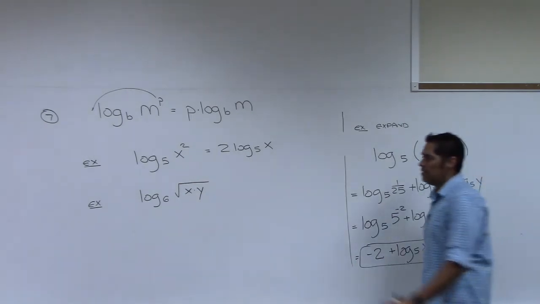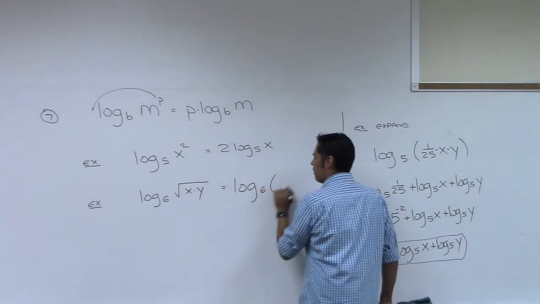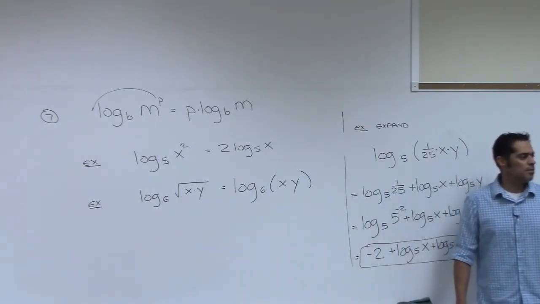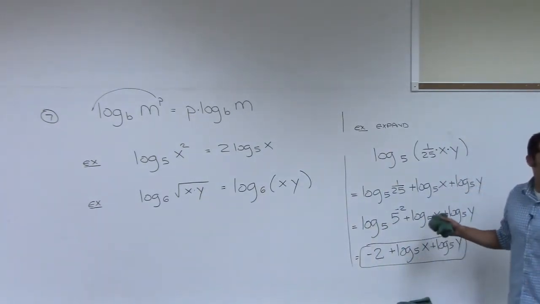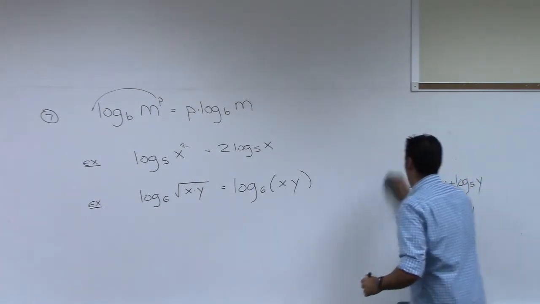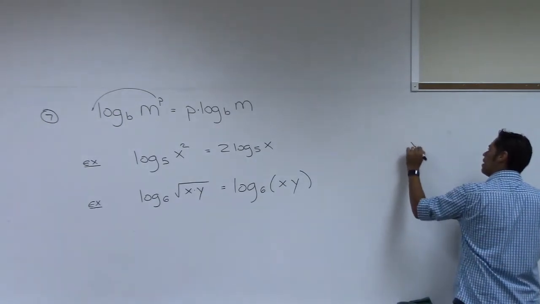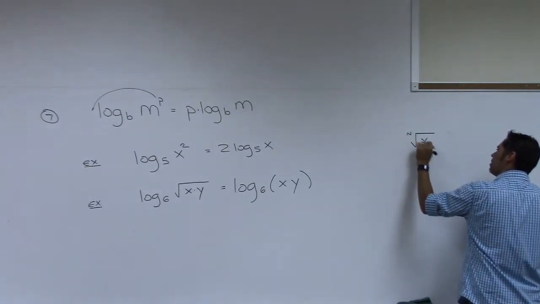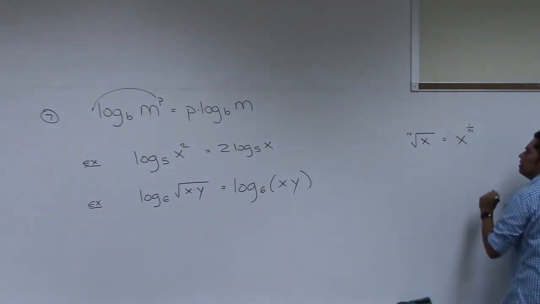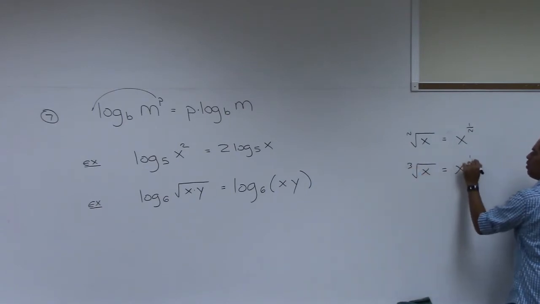So do you all know what it means when you take the square root of something? What power that's equivalent to? The square root is the same as raising something to the... No, that's squaring. No. It's 1/2. Hold on, I'm going to put it up here. If you have the nth root of x, that's equivalent to x to the 1 over n. So for example, if you have the cube root of x, this is x to the 1/3.